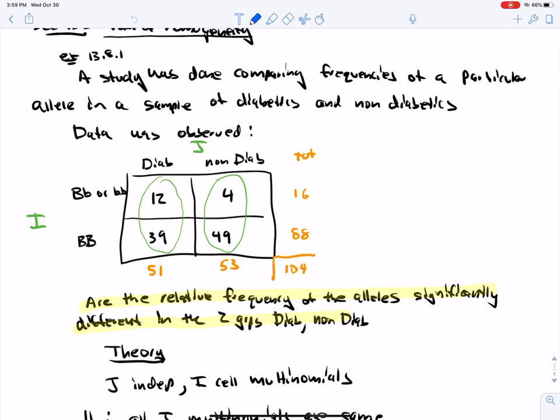For example, 12 divided by 51, 39 divided over 51, that's a binomial distribution there. And we have two categories for non-diabetics, 4 over 52 and 49 over 52 are those probabilities, and that's also binomial. And you could ask whether those binomial distributions are the same.